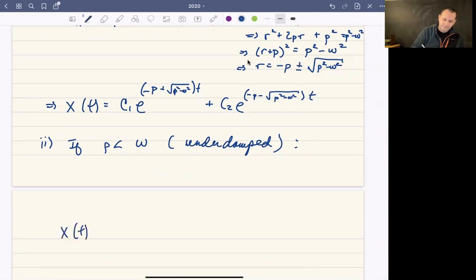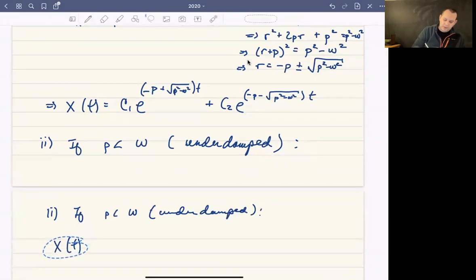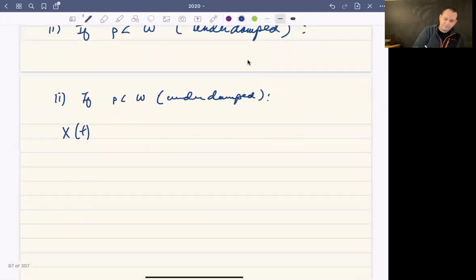And so we're going to end up with x of t. Let's just write this all on a single page. If p is less than omega, this is the underdamped case, and we're going to end up with x of t is e to the negative pt times c1 cosine of this quantity.